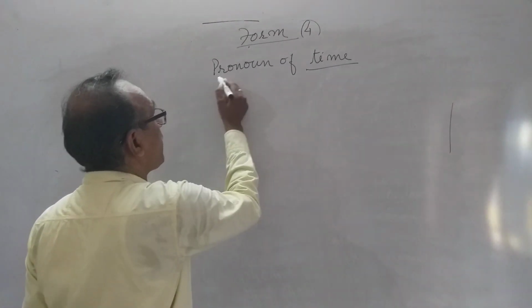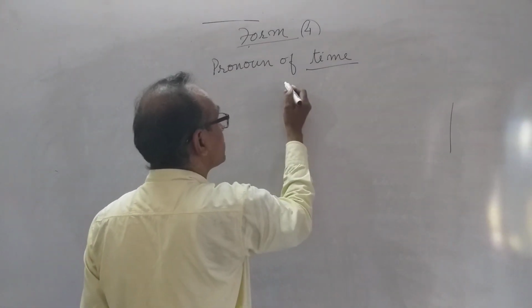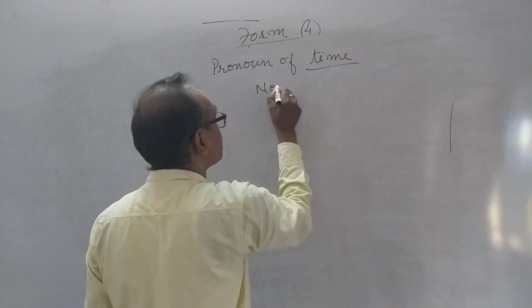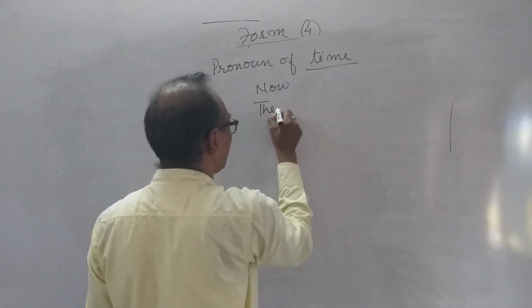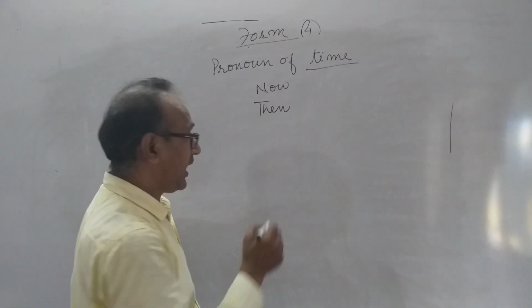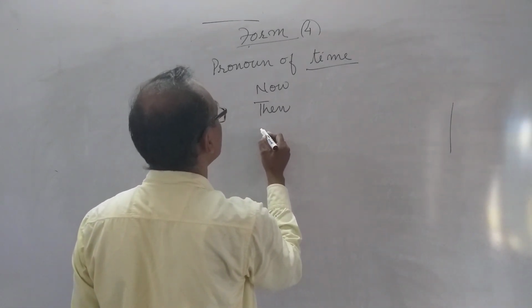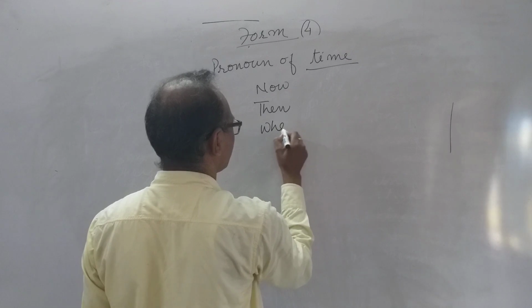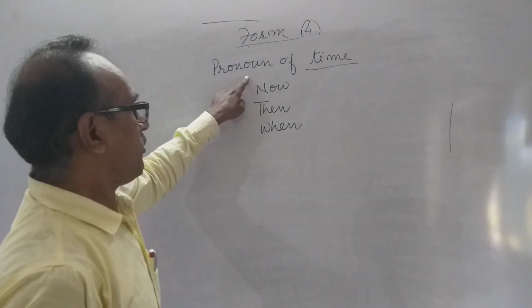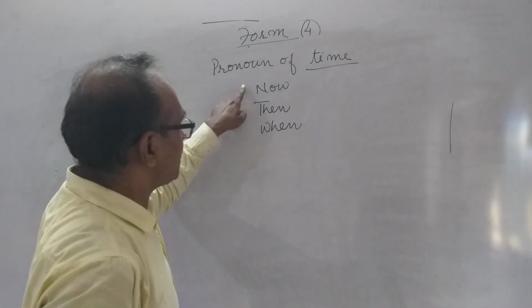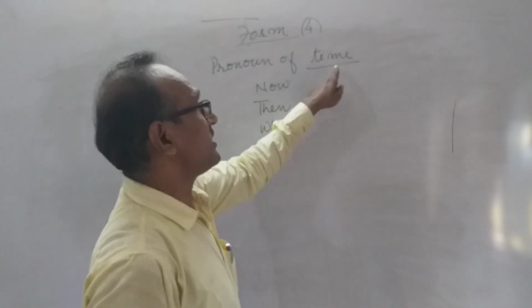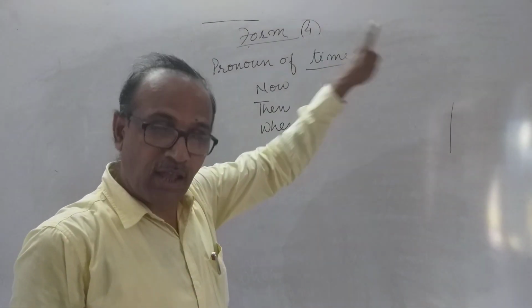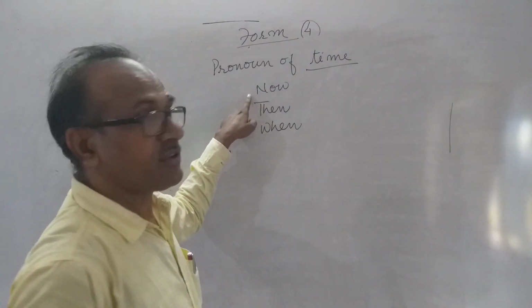For pronoun of time we use now, then, and when. So now, then and when, these are about a particular time. And time is a noun, and in place of that noun, we use now.